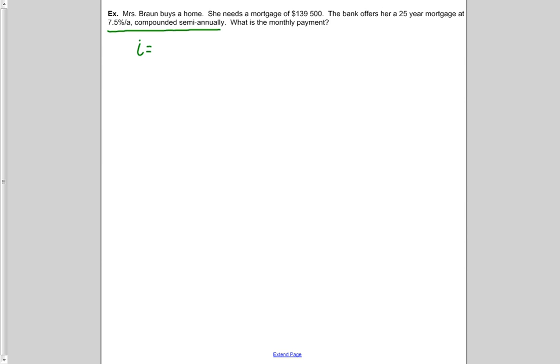In order to figure out my monthly rate, I'm going to first determine it as a semi-annual rate. So semi-annually, I am taking my 0.075, dividing by 2, which is 0.0375.